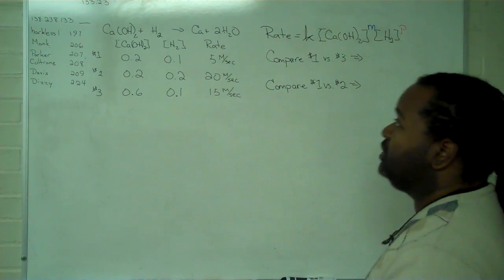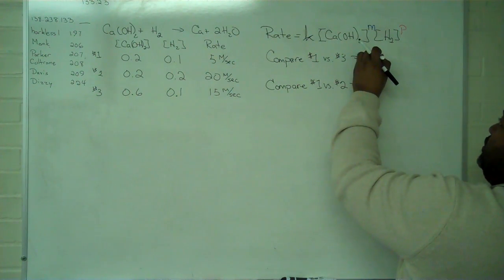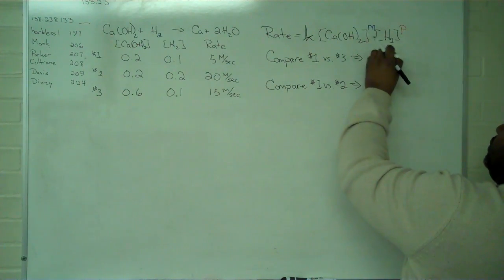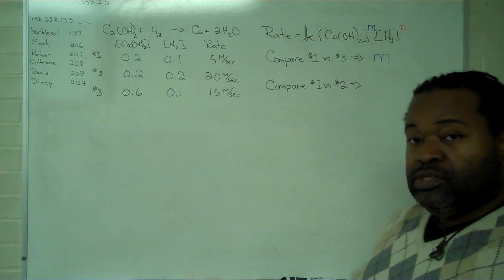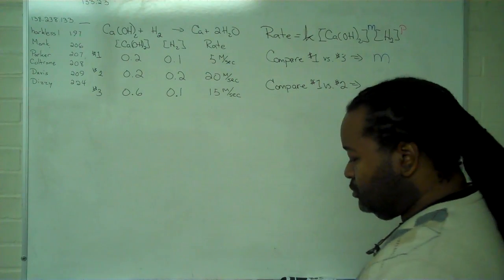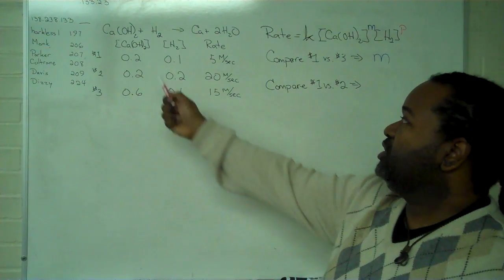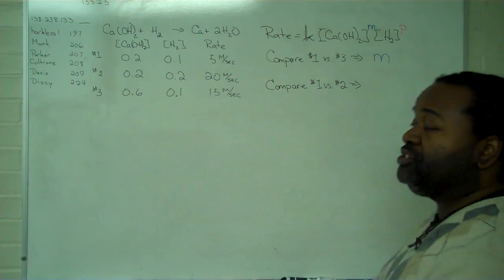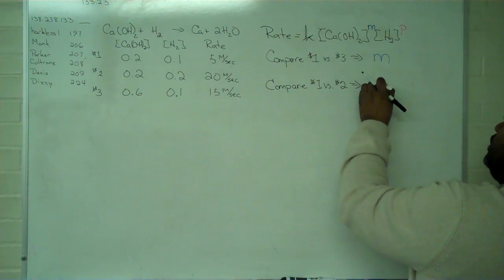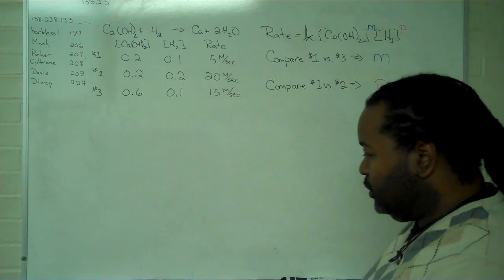And so the only things that change are the concentration of our calcium hydroxide and the rate. So that comparison will give us the order for calcium hydroxide. In the same way, if we look at 1 versus 2, we see that the rate changes, and the only thing that changes is the concentration of our hydrogen, so that will give us its reaction order.